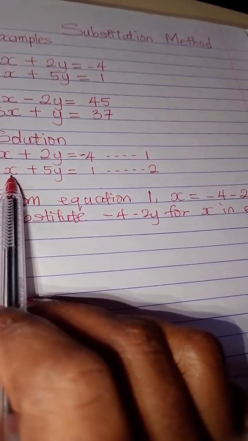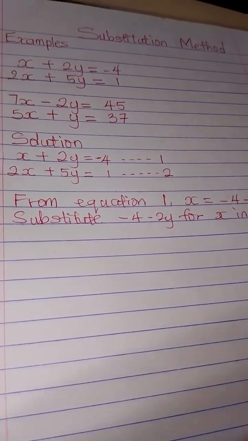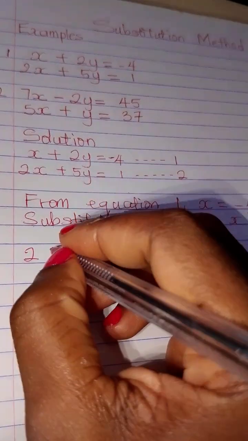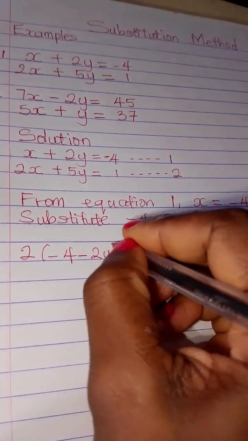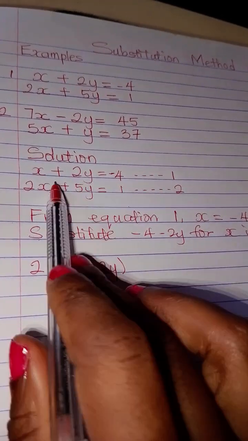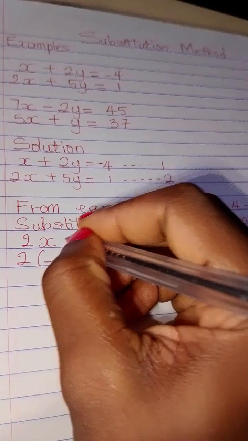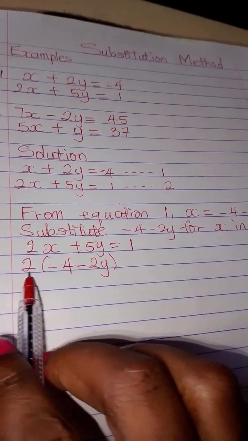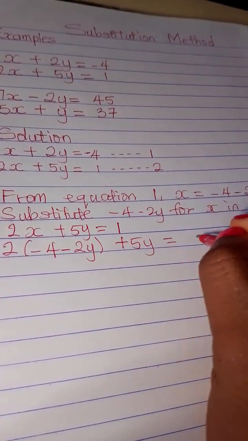This means that wherever you see x in equation 2, put minus 4 minus 2y in place of x. Okay, this is basically 2x. Let me rewrite the original equation 2 just above it so you understand and relate better. 2x plus 5y equals 1.